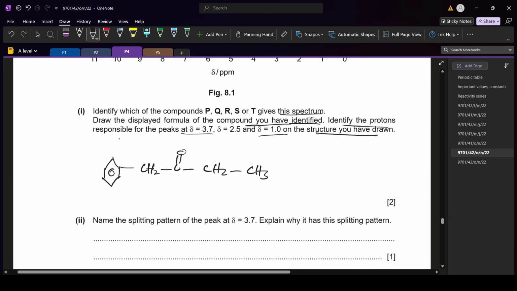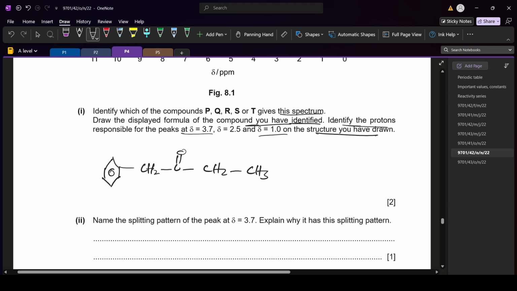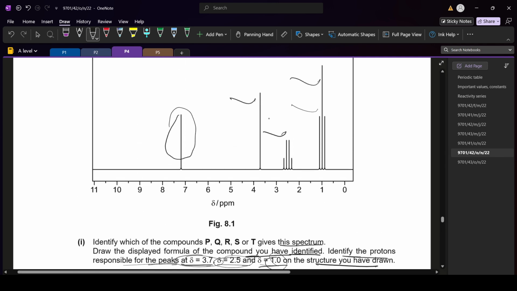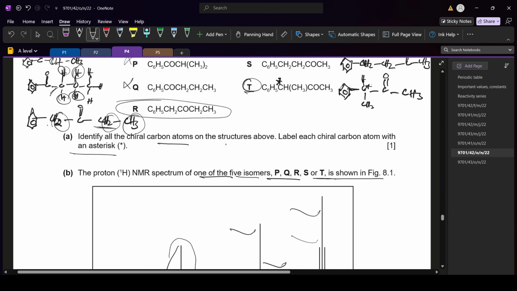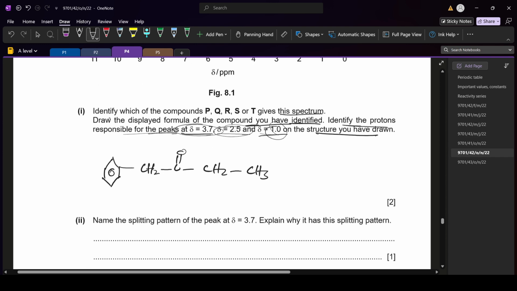Now you have to identify the protons responsible for the peaks at chemical shifts 3.7, 2.5, and 1. At 1 you have a triplet. Which hydrogens are responsible for this triplet? On the structure, you have to find out which ones.